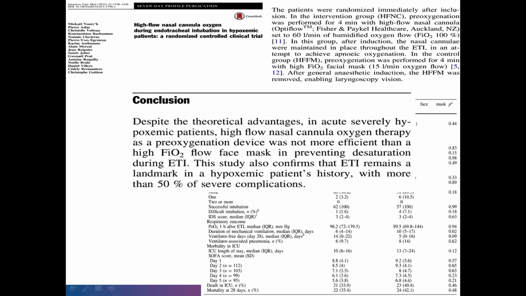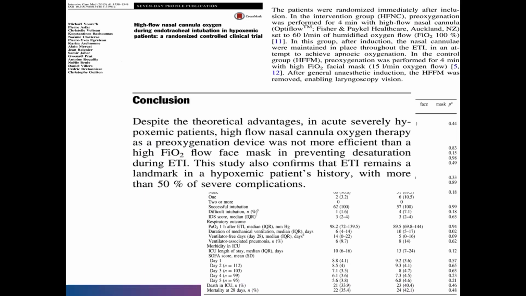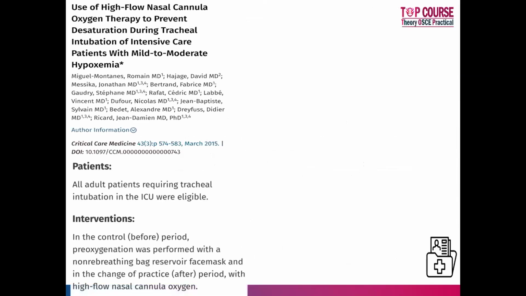Now, in the same year, there was one more trial on the use of HFNC to prevent desaturation during tracheal intubation in mild to moderate hypoxemia. The previous one was in severely hypoxemic patients; here it is mild to moderate hypoxemic patients.